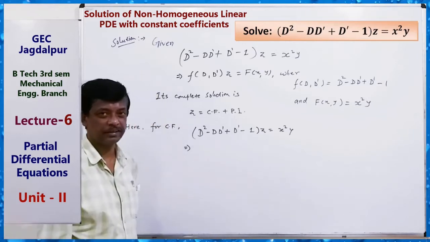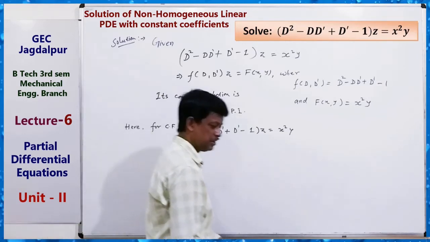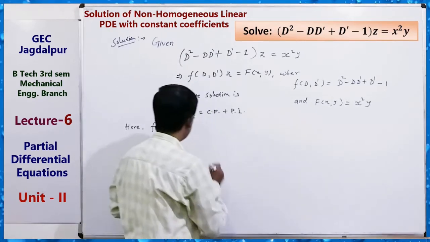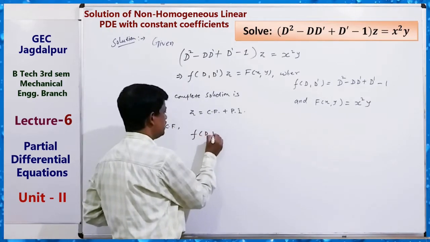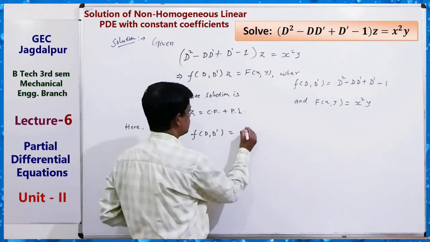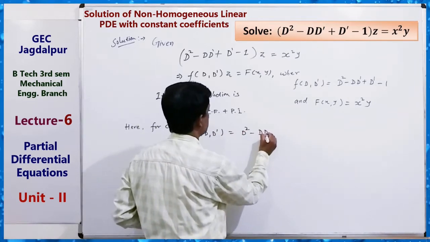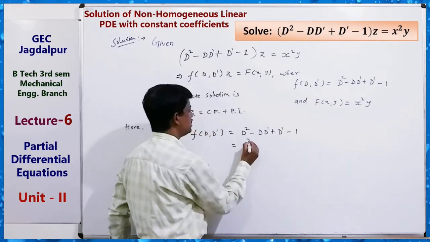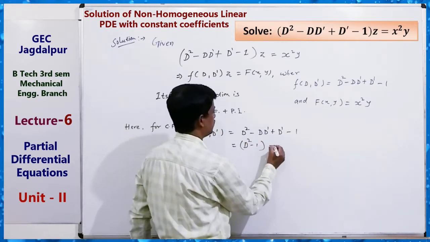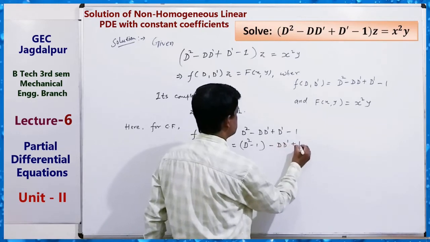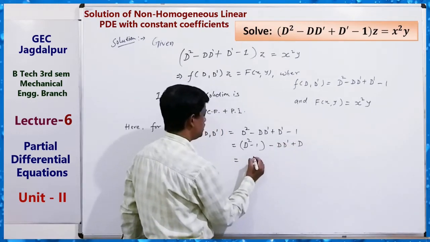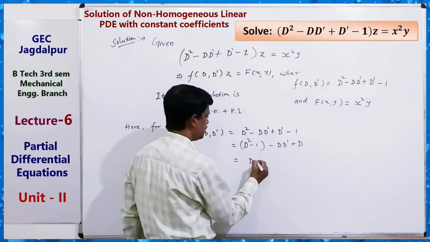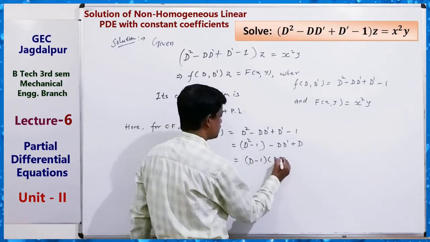First of all, factorize. Or here we can use this type of notation, F(D, D dash) equals D square minus DD dash plus D dash minus 1, which is equal to D square minus 1, take in 1, plus D dash, D. So a square minus b square, so a minus b, a plus b, so D minus 1, D plus 1.